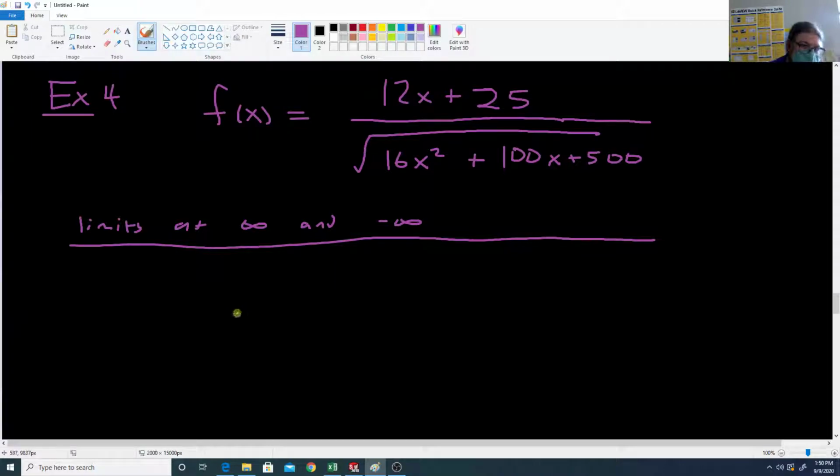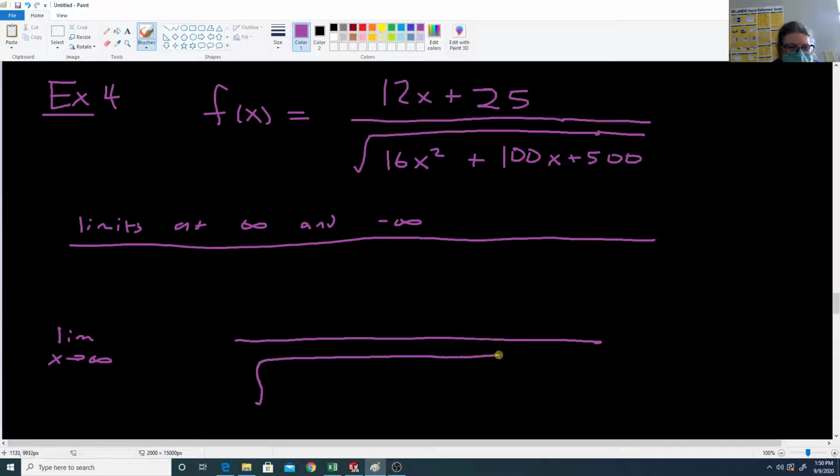So let's look at trying to figure stuff out. Let's look at the limit as x approaches infinity and see what happens. Since we have an x squared underneath the square root here, I need to think about this carefully. I'm going to handle this with the other method from example 3b, just so we can see it both ways.